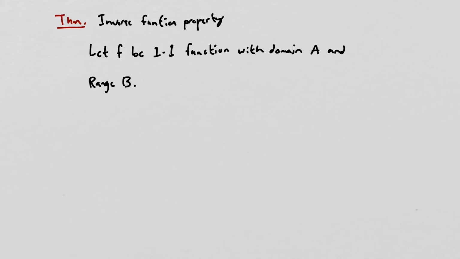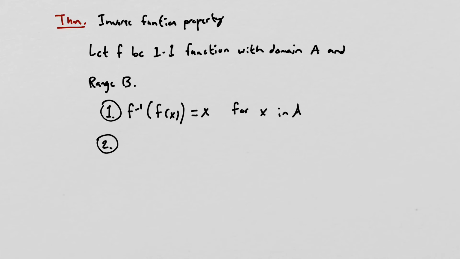Now, the inverse function f inverse satisfies the two following properties. Number one, f inverse composed with f of x is going to be equal to x for all x in the domain of our function, A. And the second thing, f composed with f inverse of x is also going to be equal to x for all x in the domain of our inverse function, B. Furthermore, we can make one more statement.